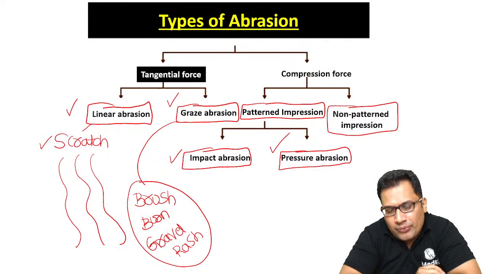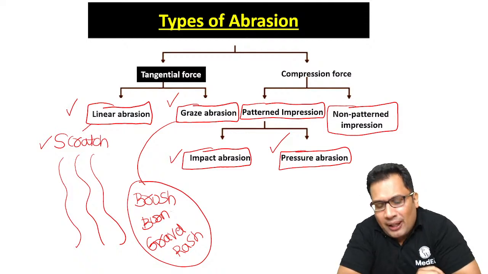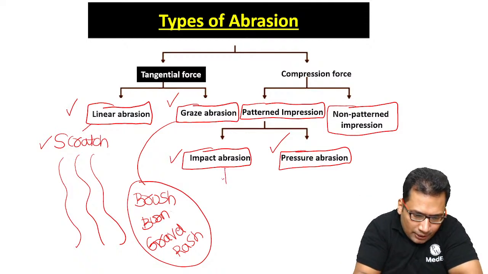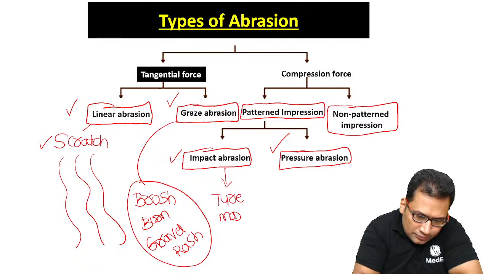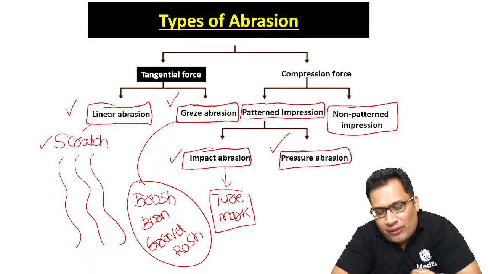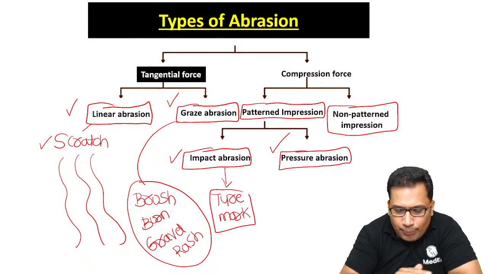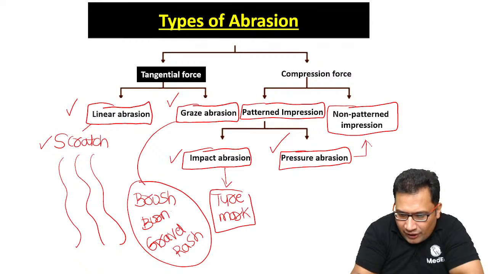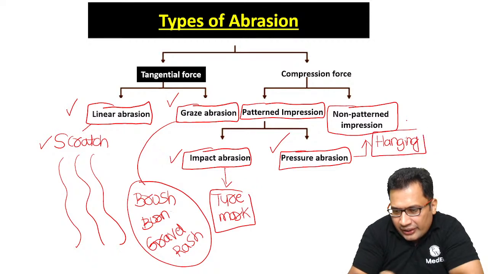In imprint abrasion you will see the imprint of the weapon, for example a tire mark in a road traffic accident. Pressure abrasion is seen in hanging and strangulation.